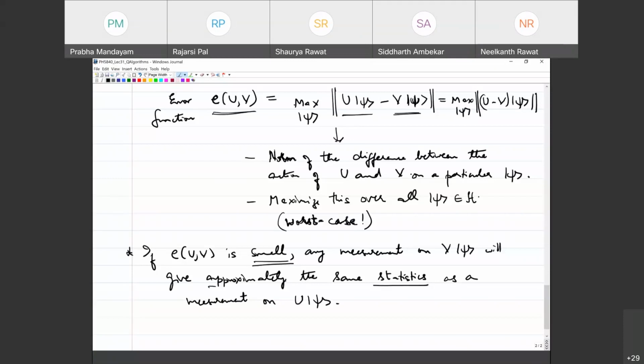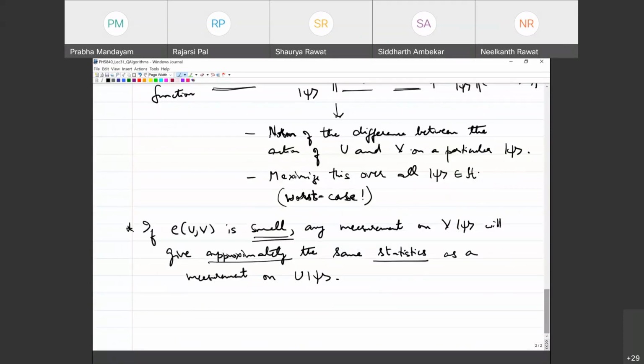This is what I just want to argue to make sense of this error function.